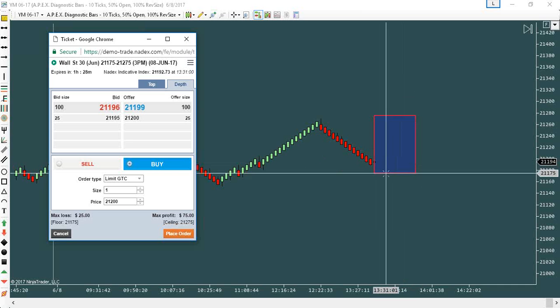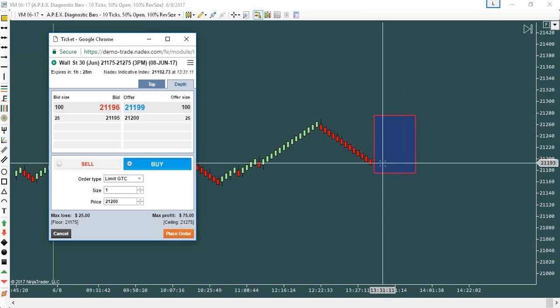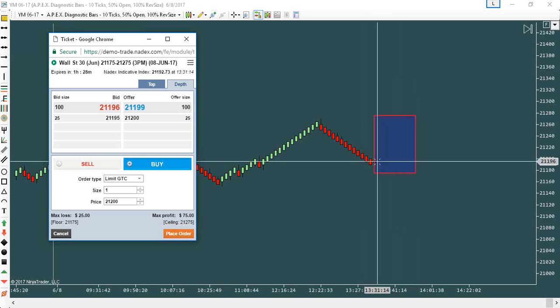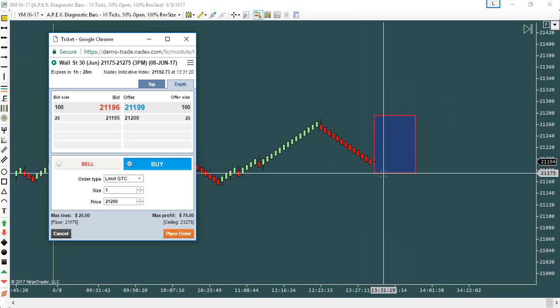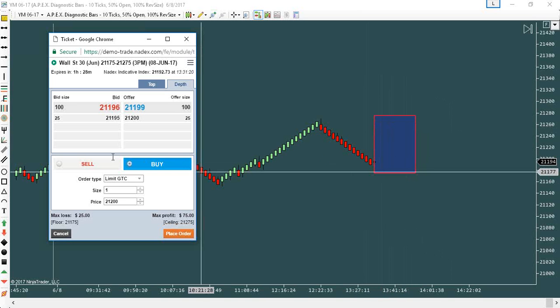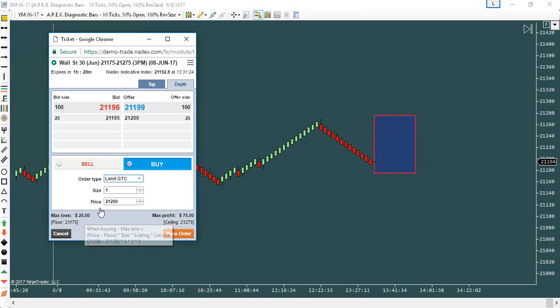I don't lose money below this floor, the bottom of the spread. So the only amount of money I have to put up out of my account to get in this trade is the difference between where I get in and the floor, which is $25. Does everybody see that? Does that make sense now, how that amount is determined?